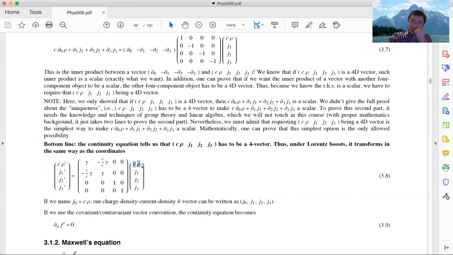However, as you will see in your homework, charge density is not a scalar, but the charge is a scalar. In your homework, you will show that because charge density is a component of a vector, we can actually prove that the spatial integral of charge density, which is charge, is a scalar.